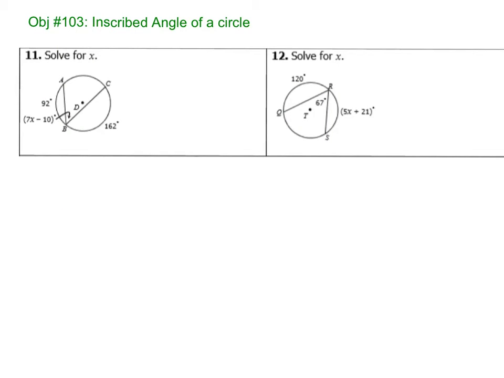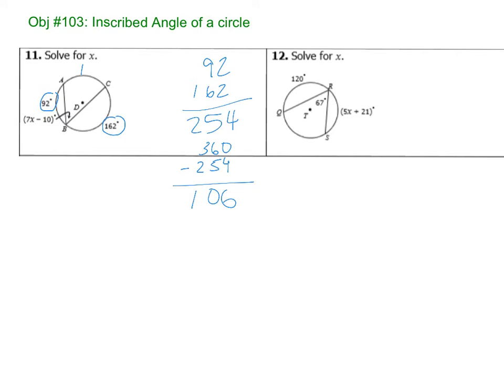All right. Pause the video, see if you can figure this out. All right, so I have that we have the 92 and the 162. There are a couple ways to do these. I'm going to do it the way that I think is easiest. If you think about this in a different way, that's okay. All right, so a whole circle has 360. So I'm going to do 92 and 162 is 254. 360 minus 254 is 106.